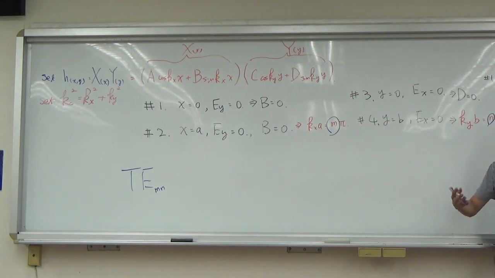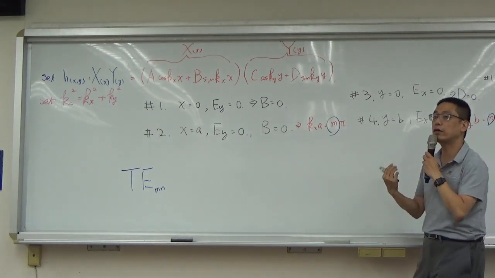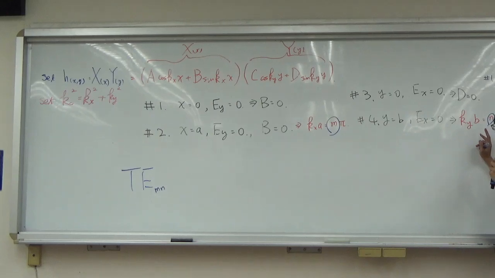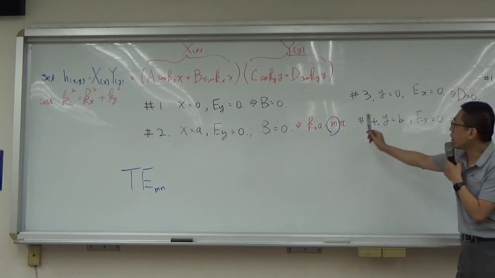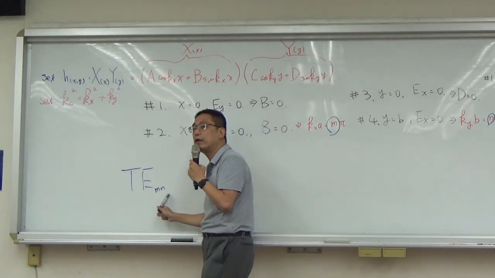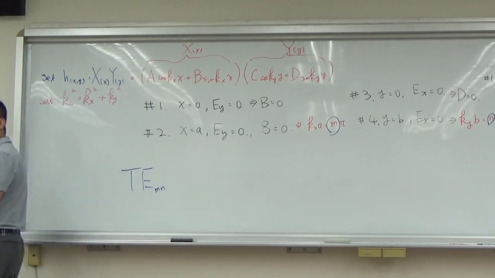All the combinations from the integers of m and n can propagate a mode E field inside a waveguide. So there are many possibilities to propagate. The numbers m and n are how we name the mode.